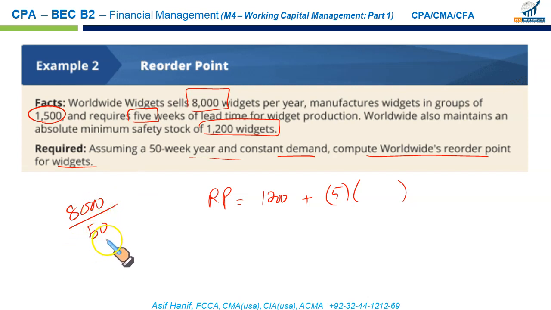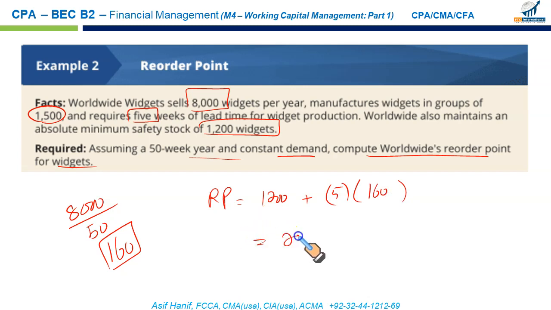So 8,000 upon 50 gives you 160. So you need 160 widgets every week, right? And there will be 5 weeks of lead time between the time you place the order and you receive the goods. So 5 multiplied by 160 plus 1,200 gives you 2,000.